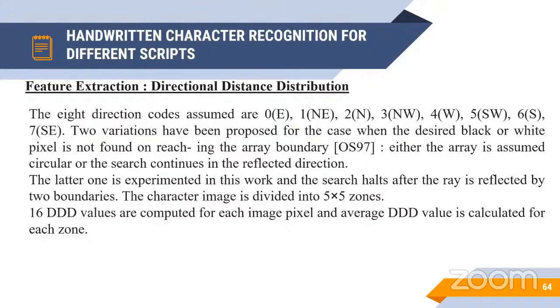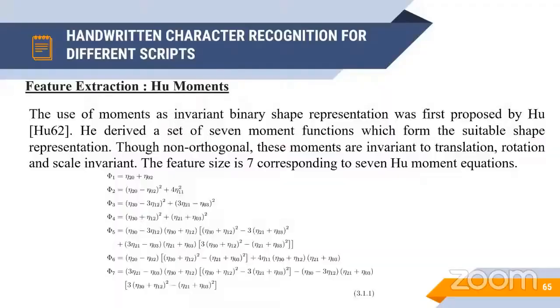Either the array is assumed circular in a search, or continuous reflected directions, and the latter one is experimented with in the work and search halls. It is reflected by 5 by 5 zones. In the 16 DDD values, DDD meaning directional distance distribution, the 16 values are computed with the pixels and the average of DDD value.